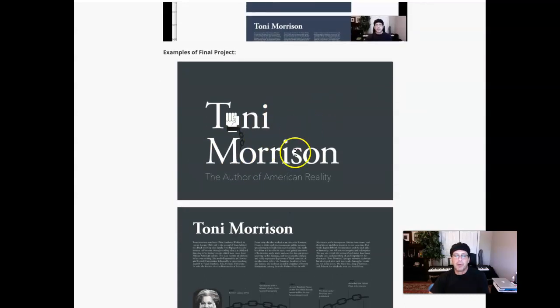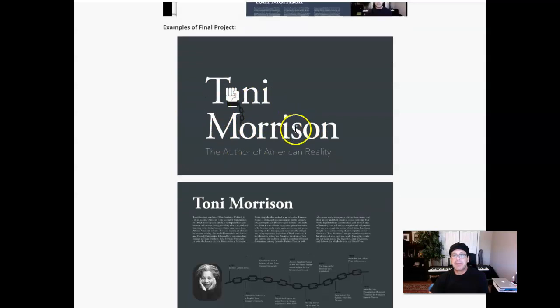Okay. So this little illustration is visual substitution. So that's setting up the concept, right? And it's set up typographically, not illustratively, because we're replacing the O with the fist with the chains, right? So that's immediately giving the viewer an idea. Even if the viewer has no idea who Toni Morrison is, we can look at this and pick things out.